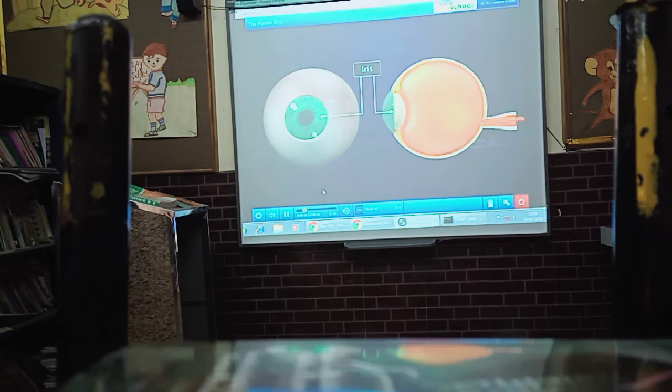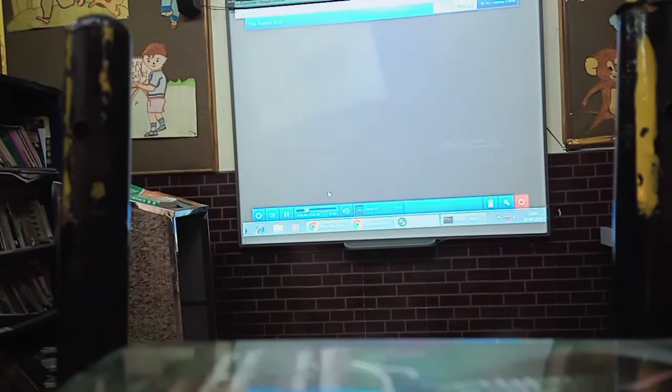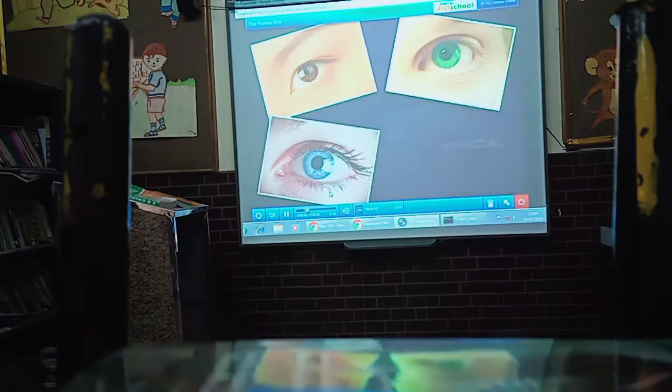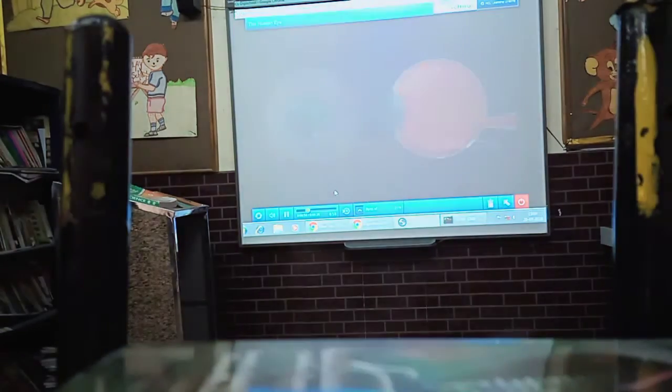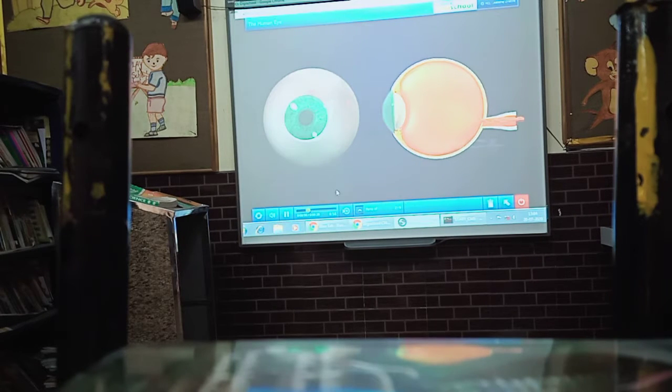The iris, the colored part of the eye, is found behind the cornea. People's eye colors are actually the color of their iris. The color of the iris ranges from brown to green to blue, gray, and hazel. The iris has a round opening in its center called the pupil.